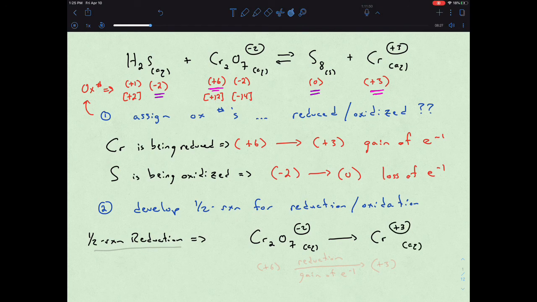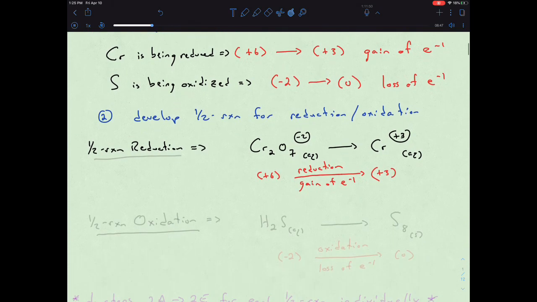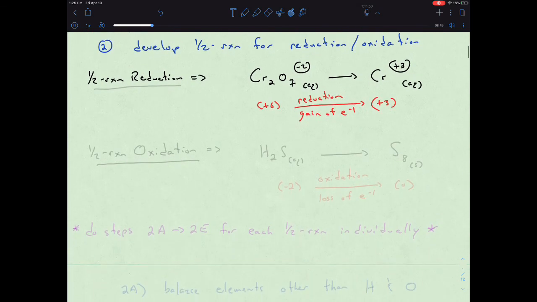Here we have the chromium in that +6 state. It's going to chromium in the +3 state. Right? This is a reduction, gain of electrons. So there's our reduction half reaction.